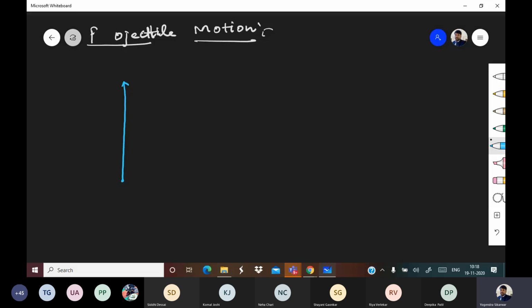So rather than projecting it vertically upward, suppose you project it making some angle with the horizontal or vertical, then which path will the object follow? We will see that in this topic, which is projectile motion.